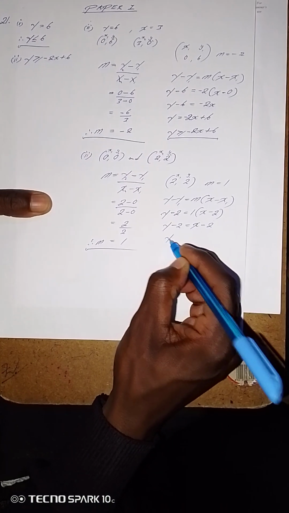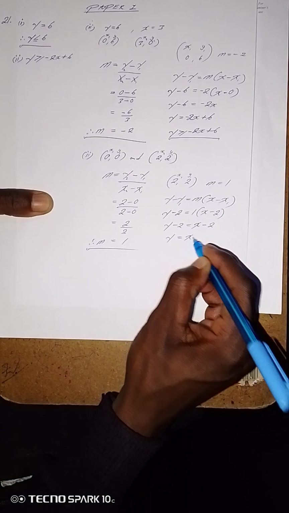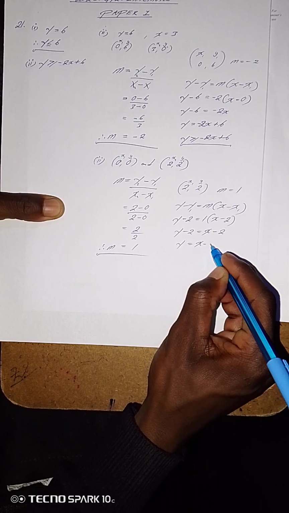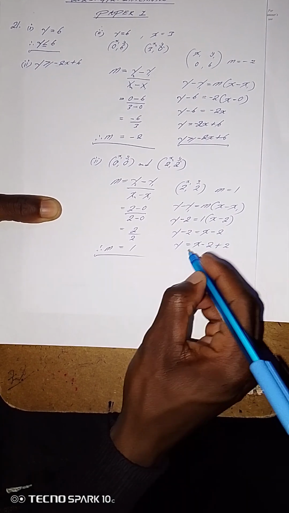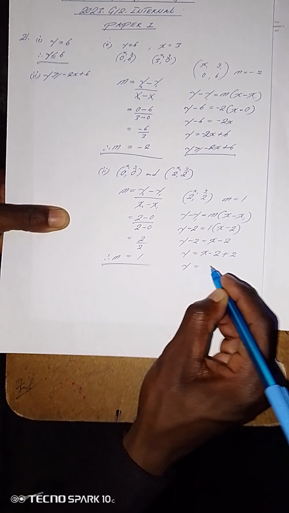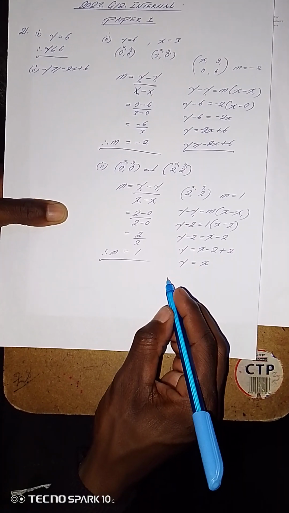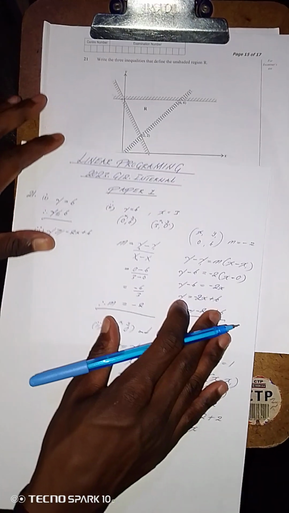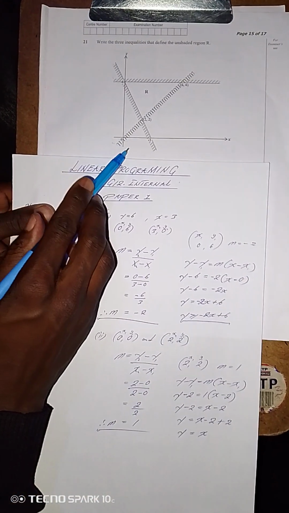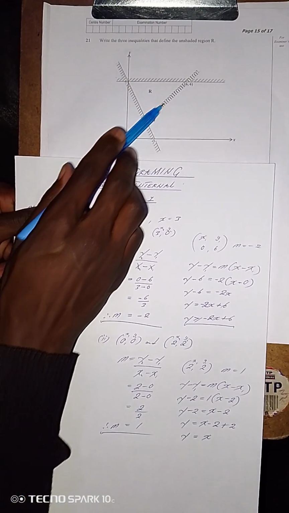Collecting like terms, y equals x minus 2 plus 2, so y equals x. So this is the equation. Now it's just a matter of putting the inequality. If you go back to the diagram now, check the diagram, and the line is in dotted form.